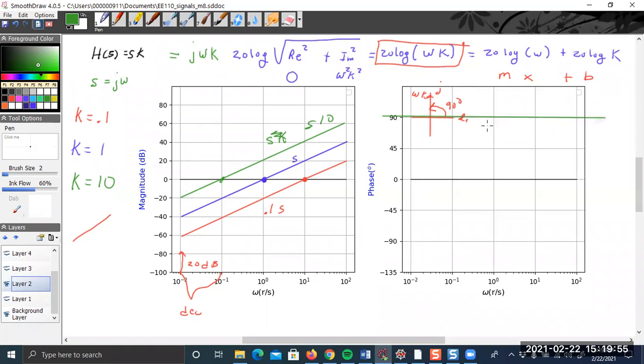And the phase would be there. Now, if this were minus here, then it would be minus 90. Then I would subtract 180. The reason why I wouldn't add 180 is you're trying to keep the phase number as small as possible. And when you're working with CAD tools, they have algorithms to do that.